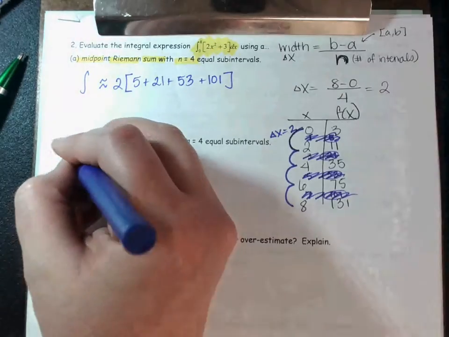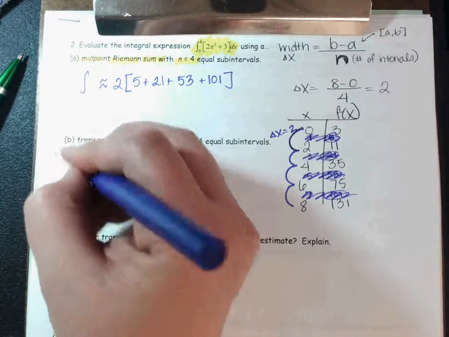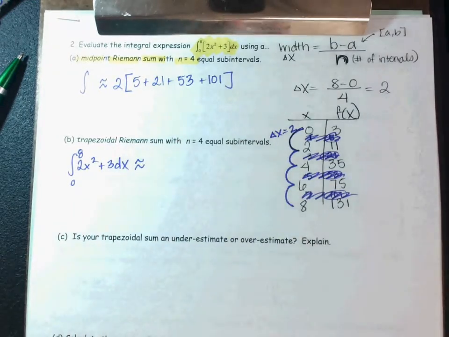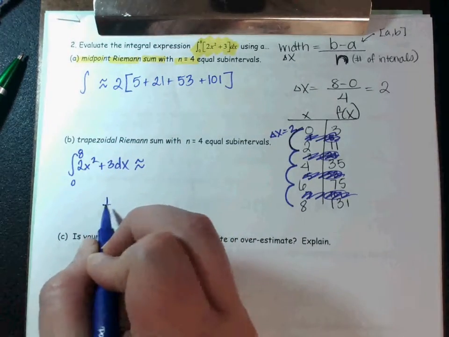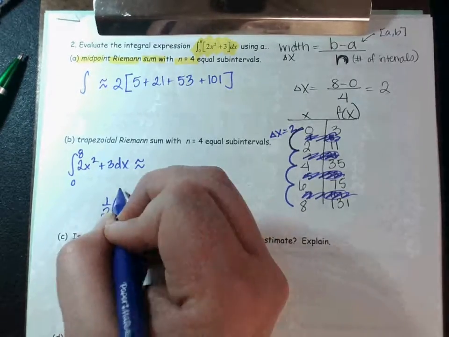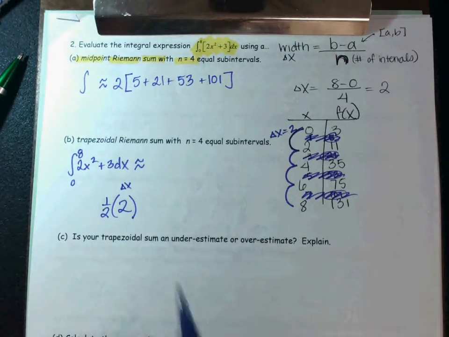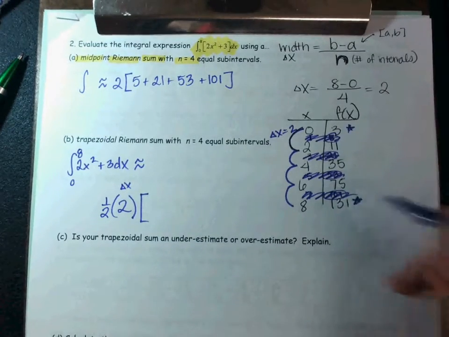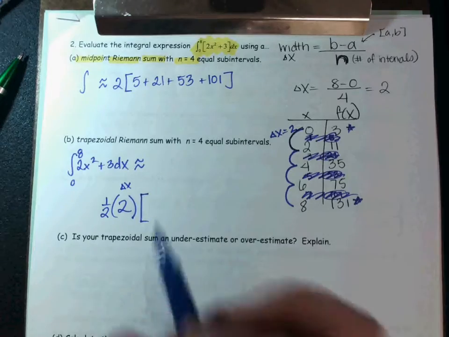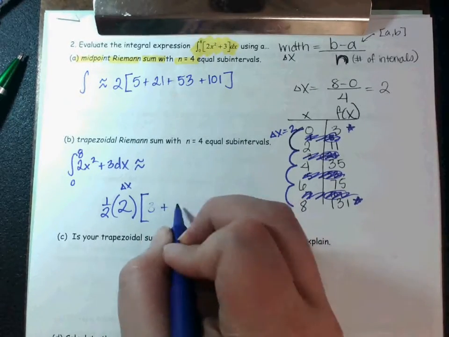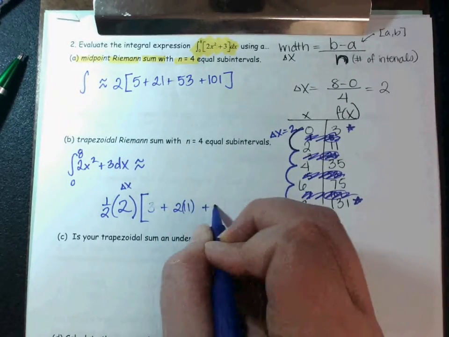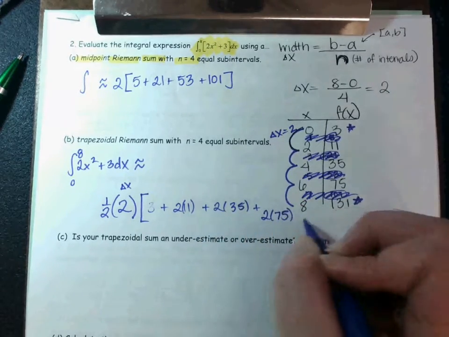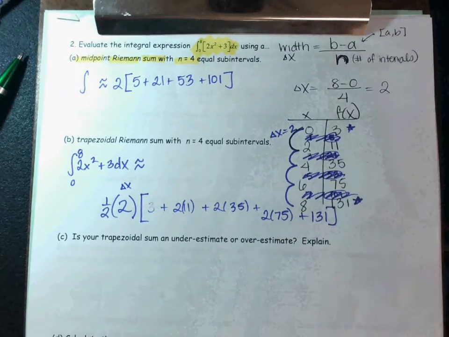So my integral from 0 to 8 of my function 2x squared plus 3 dx can be approximated by, and then I'm going to pull the 1/2 out to the front, the 2 out to the front because that's my delta x. And then remember for your shortcut, you count the first one and the last one only once. Everything in the middle gets doubled. So you'd have 3 plus 2 11s plus 2 35s plus 2 75s plus only 1 131.